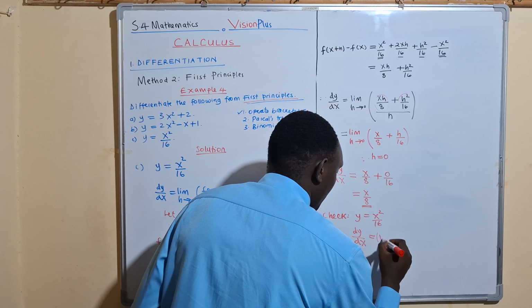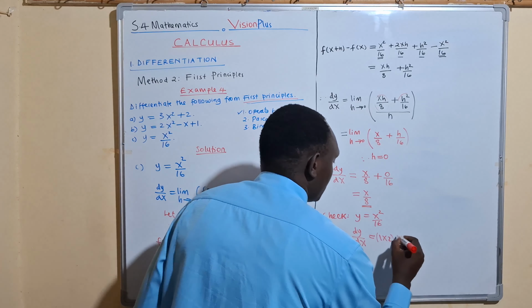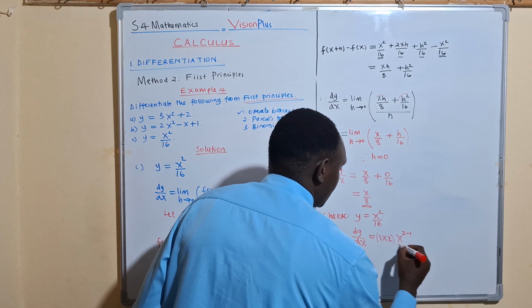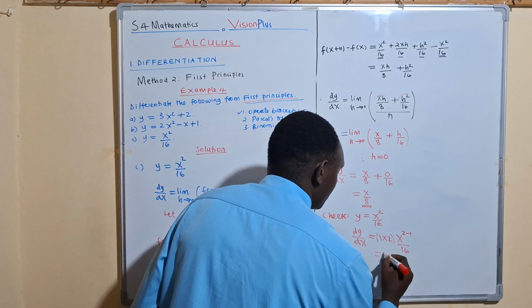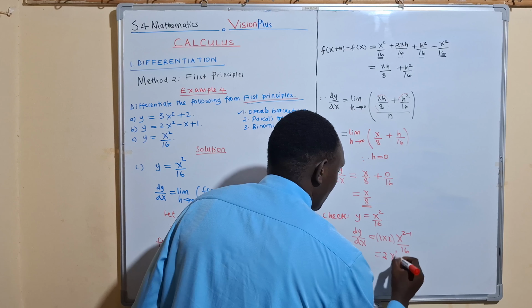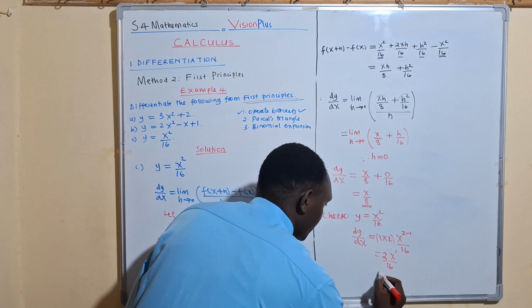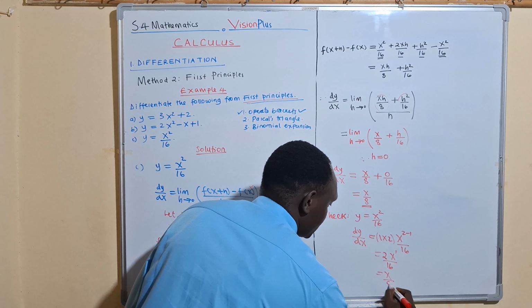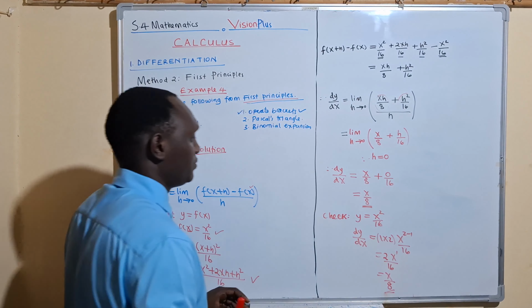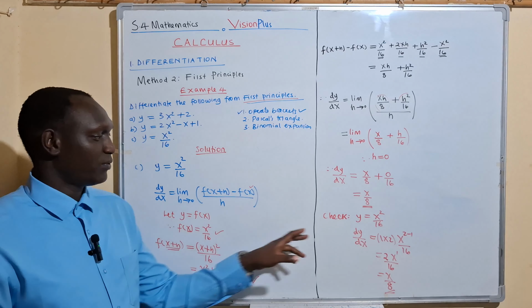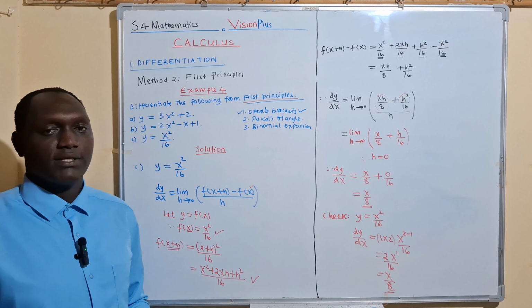So we have 1 times 2, then x to the power 2 minus 1, over 16. This means we have 2x to the power 1 over 16. Simplify, we'll have x over 8. So that is the answer when we are using the method of powers and coefficients.